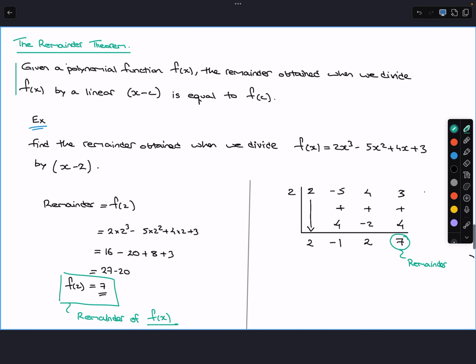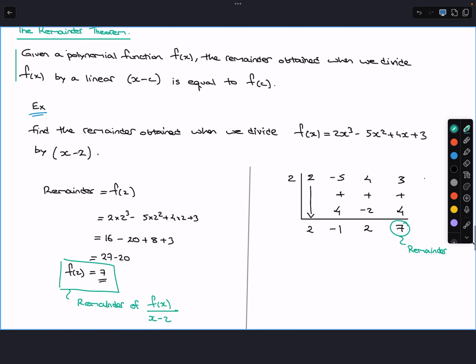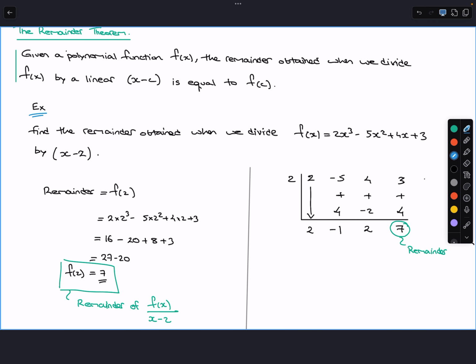While we're here, remember that the coefficients we obtain to the left of that remainder are the coefficients of the quotient polynomial when we divide f of x by x minus 2. In other words, we get the quotient 2x squared minus x plus 2.